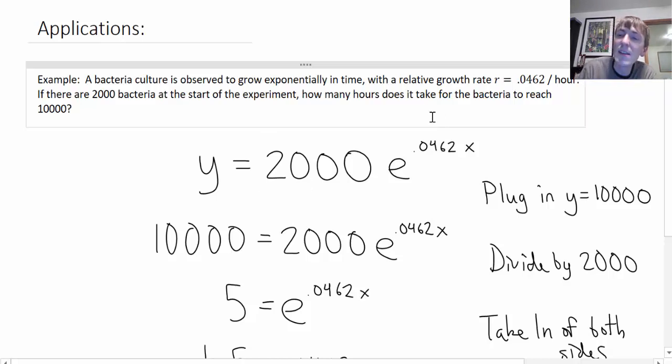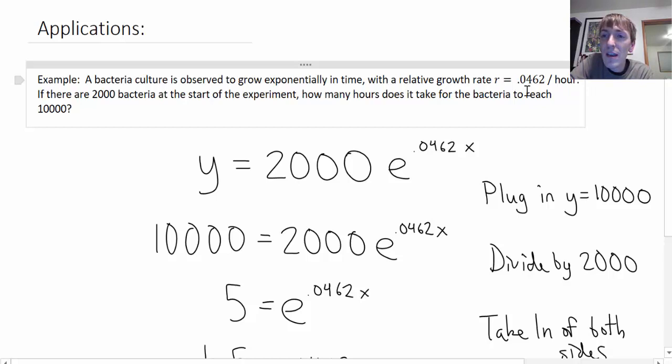Okay. Let me say something before I actually finish this problem. Let me say something about units here, because this is a little weird, especially if you've never seen this in a science class. So this really is, I didn't make a mistake with this slash. This really is 0.0462 per hour. Okay. The confusion is 0.0462 what per hour, right? Well, that's best talked about as a percentage.